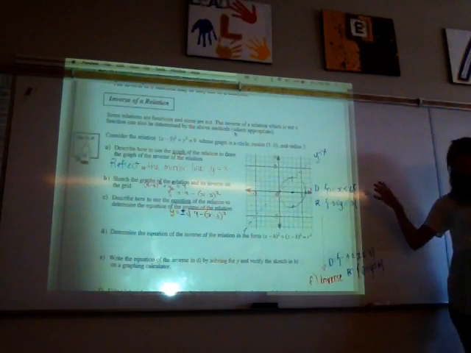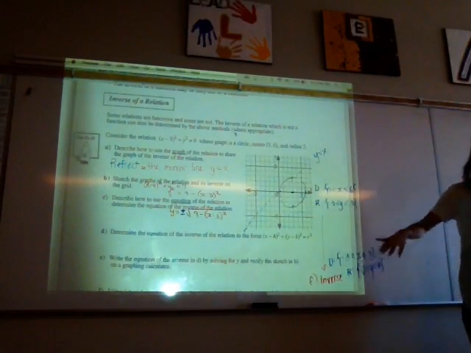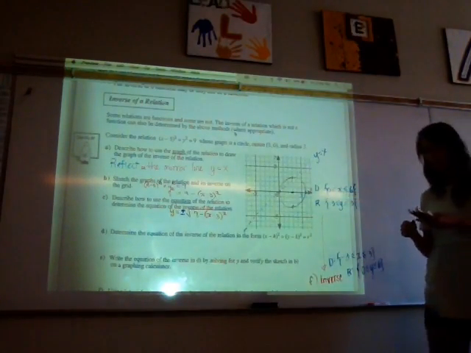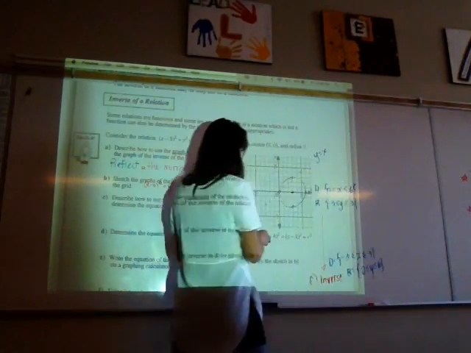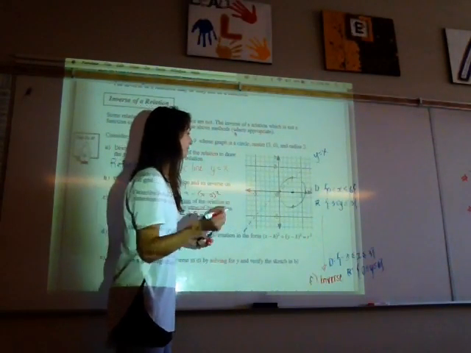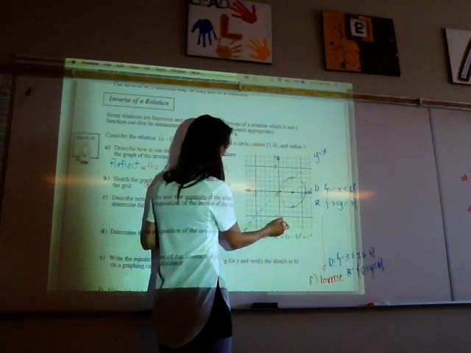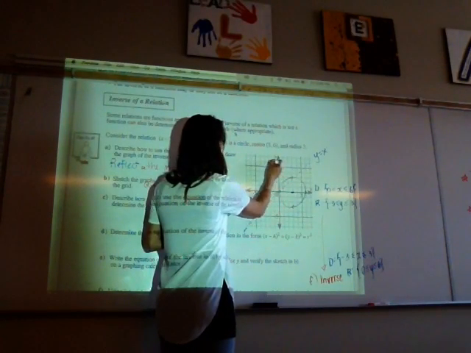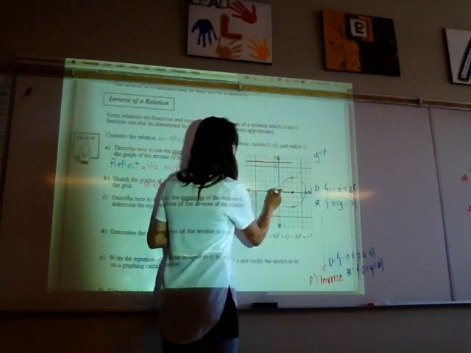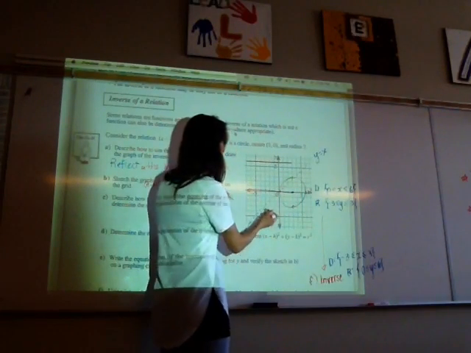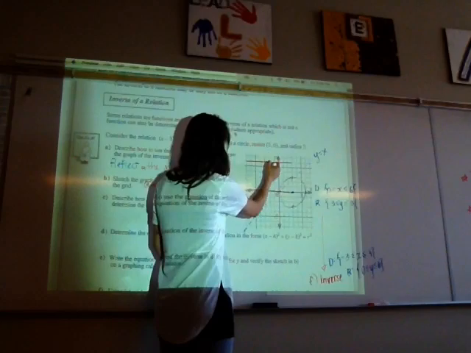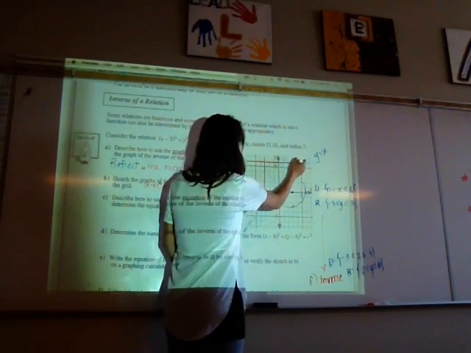By looking at the domain and range and then just switching them, it's a little bit easier to draw this circle now. So I know that my inverse graph will have to go for the y values between 0 and positive 6, and it's going to go between negative 3 and positive 3.